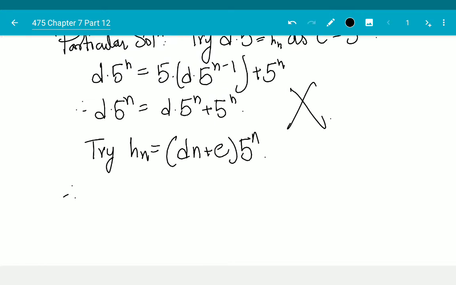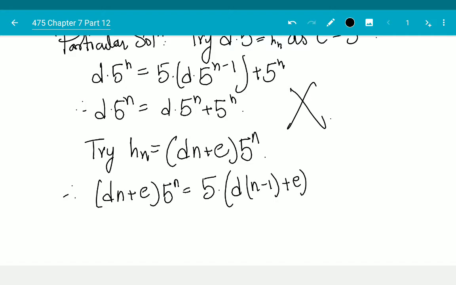Therefore, (dn plus e) 5 to the n is equal to 5 times (d(n minus 1) plus e) 5 to the n minus 1, plus 5 to the n. Oops.